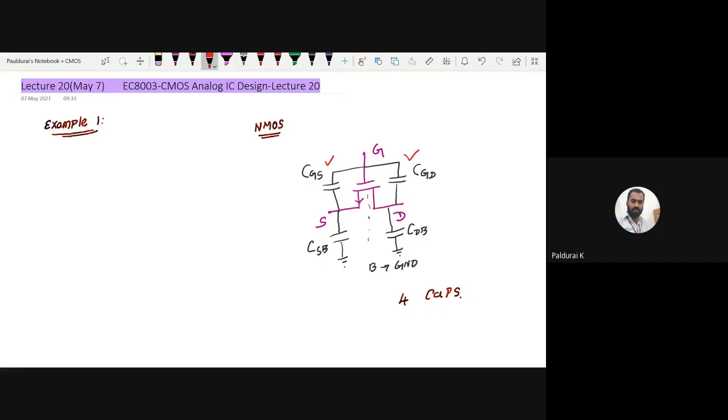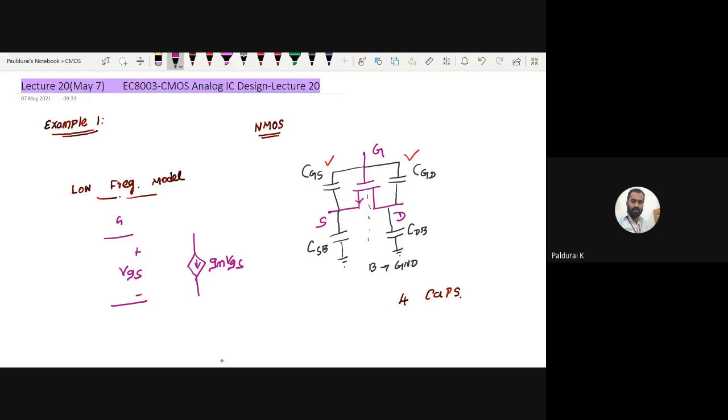For the small signal model, the low frequency model that we already studied, there is a single voltage controlled current source. This value is given by gm times VGS, and VGS is the input voltage, plus minus.